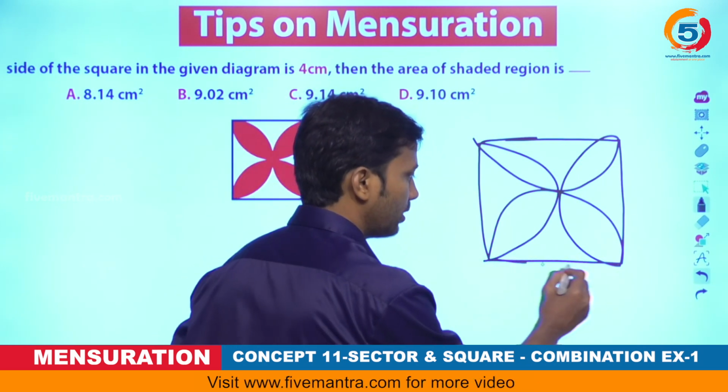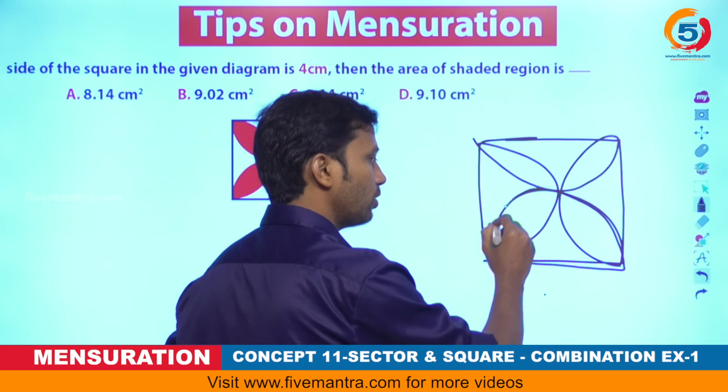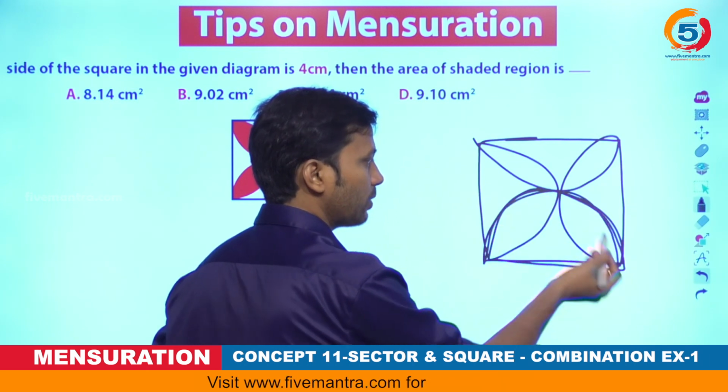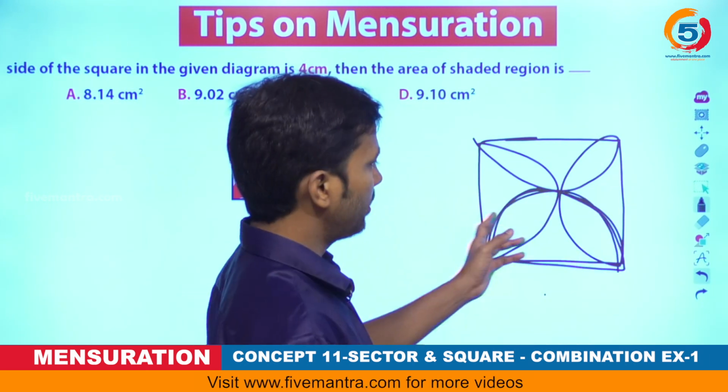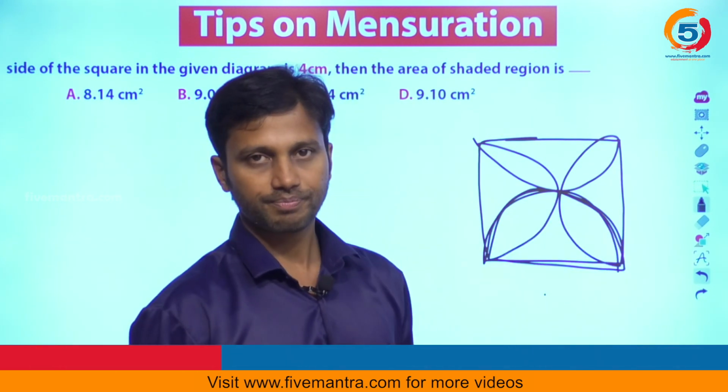It's a diameter and a side also. So the side of the square and the diameters of the semicircles are the same.